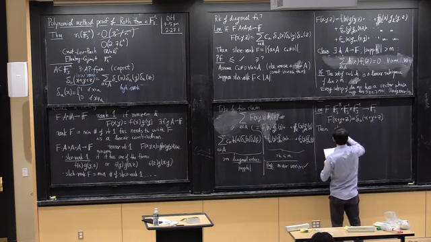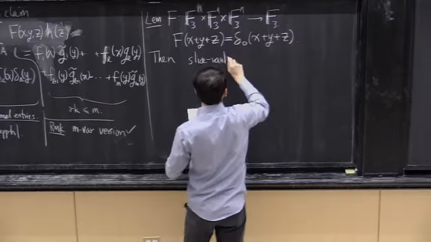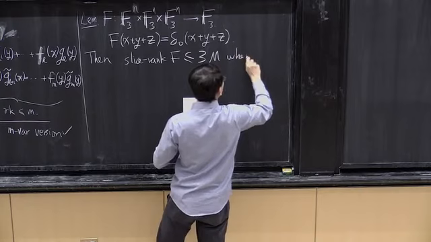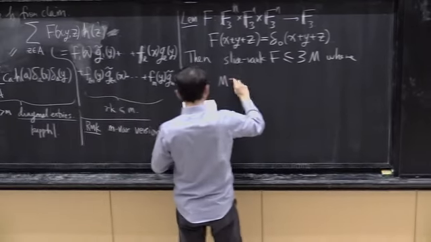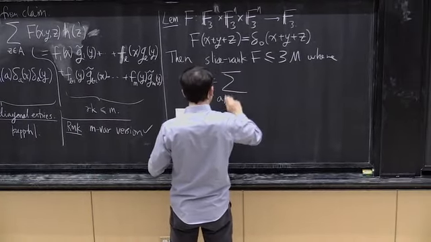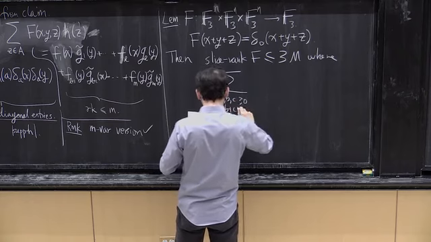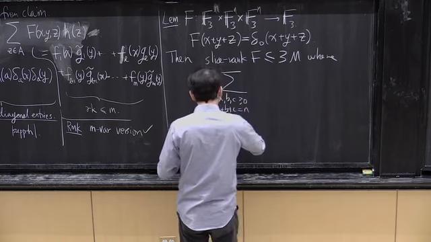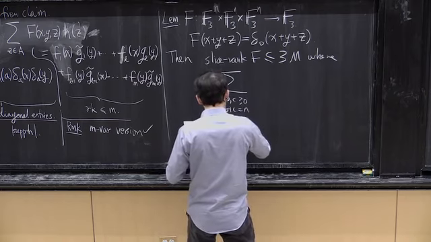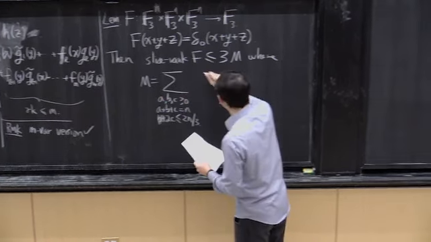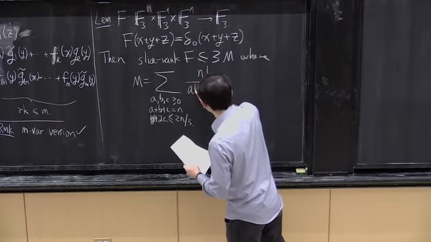We claim that the slice rank of this function is at most 3m, where m is essentially this multinomial coefficient.